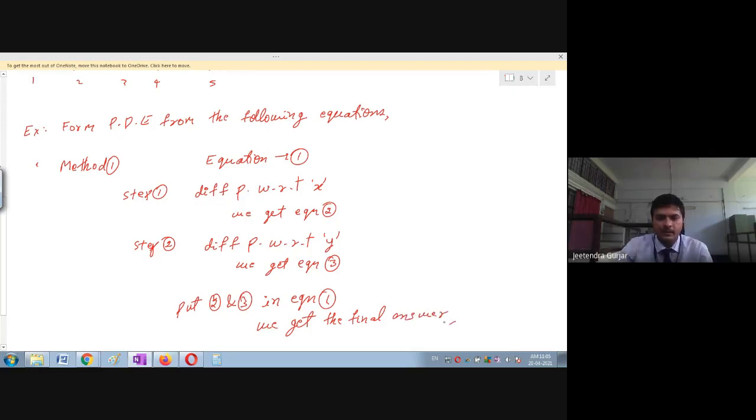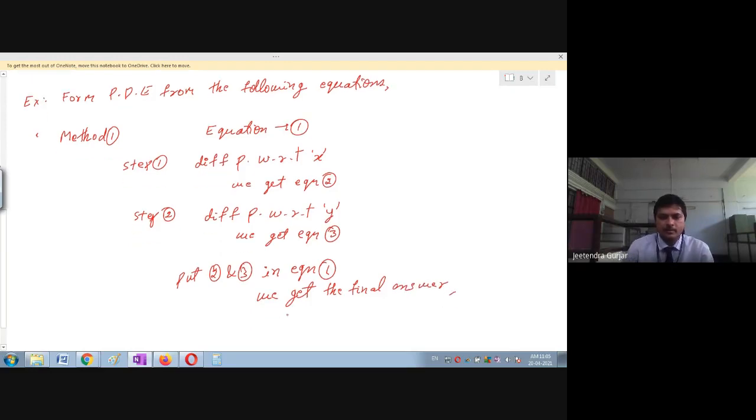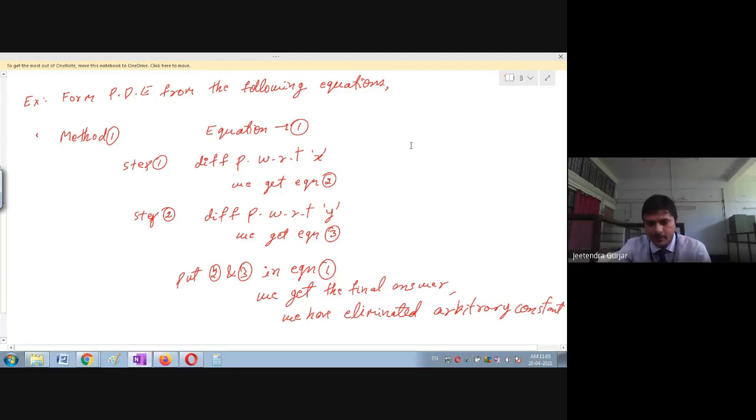Here, whatever we get, we have eliminated our arbitrary constants. Right, this is what we have done already. Very well, everyone is perfect in this example.